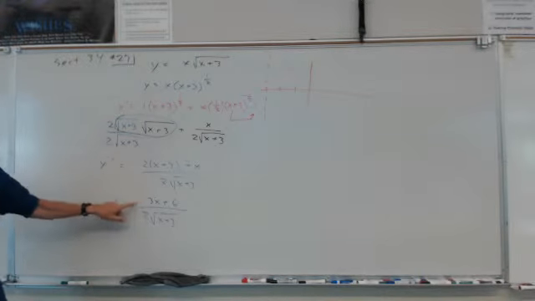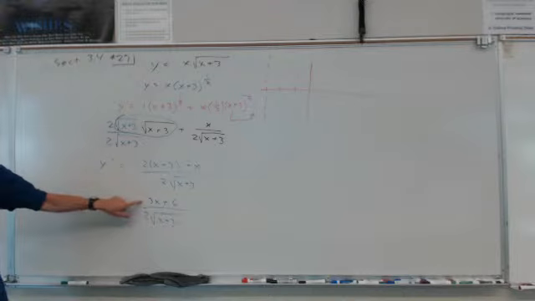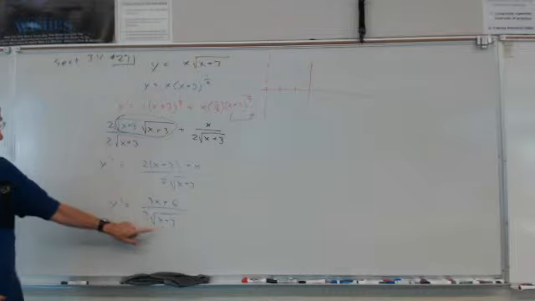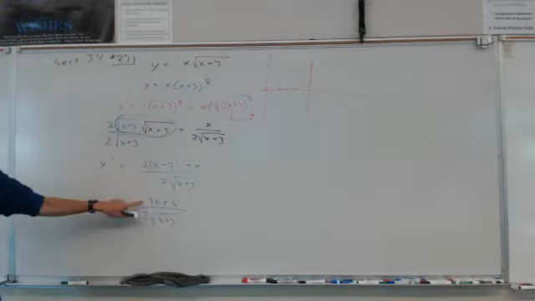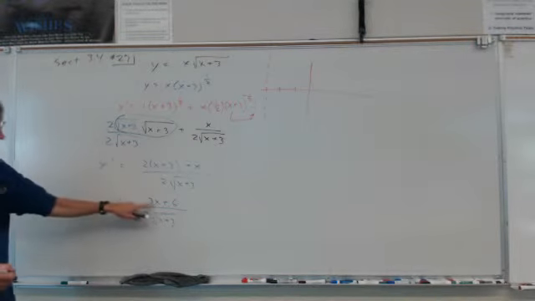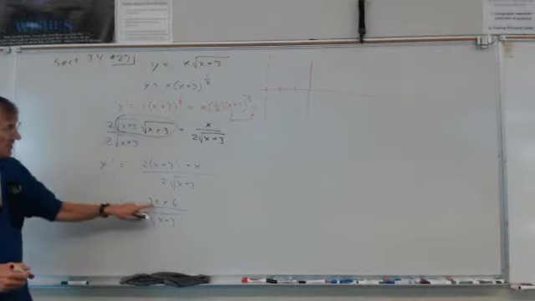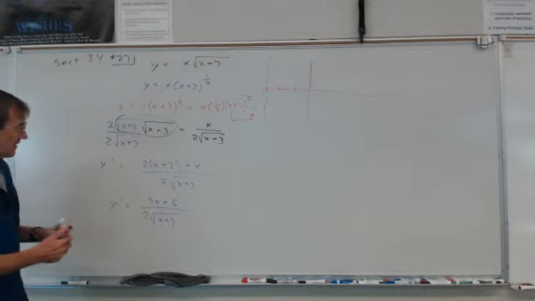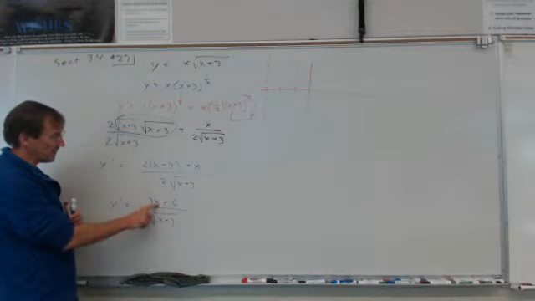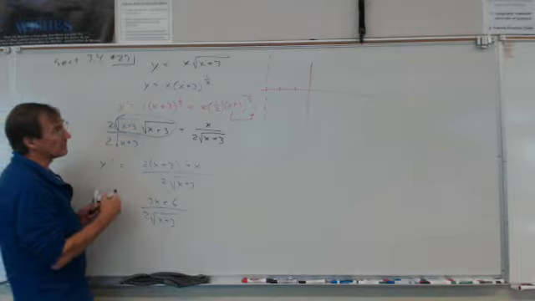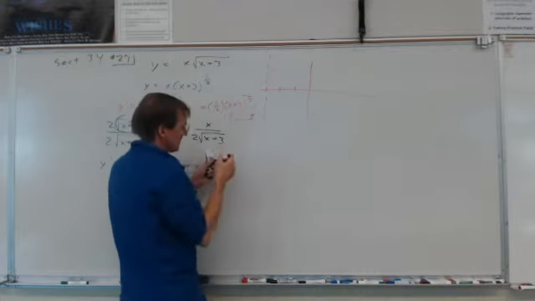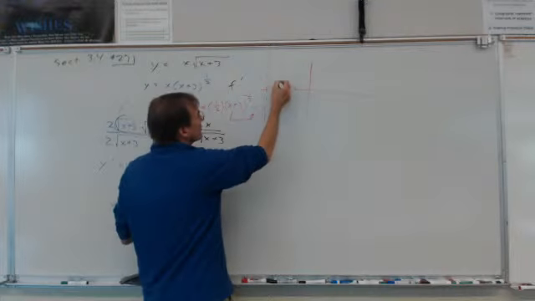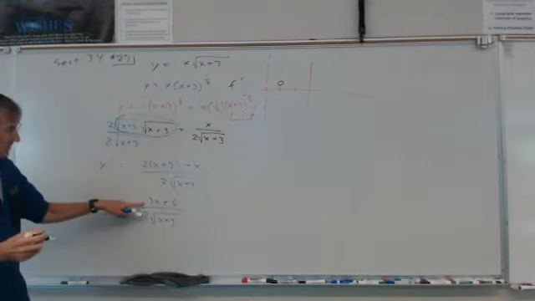The sign of the first derivative is going to be determined by the numerator, because the denominator is always positive. At -3 it's going to be undefined, so we're not going to worry about that. But we do have to worry about the numerator here. Where is it positive, where is it negative? You can see it's going to be 0 if x is -2. So right at -2, the first derivative, f prime, is going to be 0.